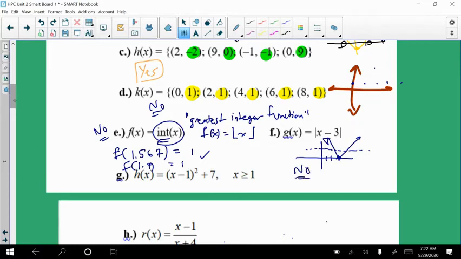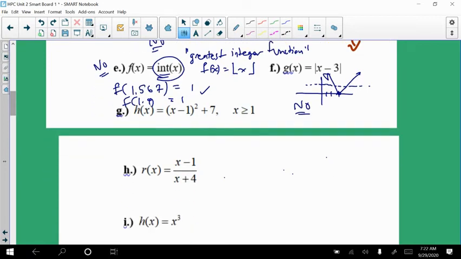Now, G is interesting because initially you might think, oh, it's a parabola, fails, right? But look at, we've restricted the domain. X is greater than or equal to 1. So if I were to graph this function, the vertex is right 1, up 7. And I would draw this, but then notice it says, oh, let's let x only be bigger than or equal to 1.